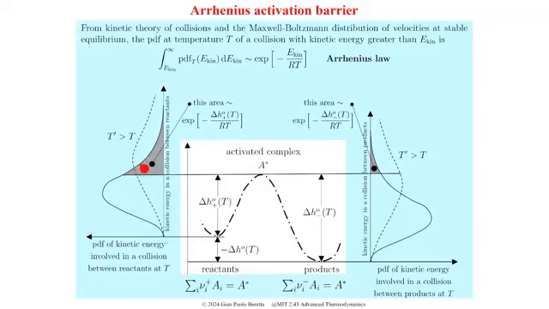So if you do this, the area under this probability distribution function, which is the integral from this energy to infinity, that's the overall probability that your collision has a kinetic energy higher than this value delta H. So that's the result of the integral.